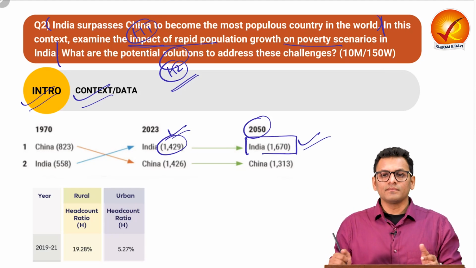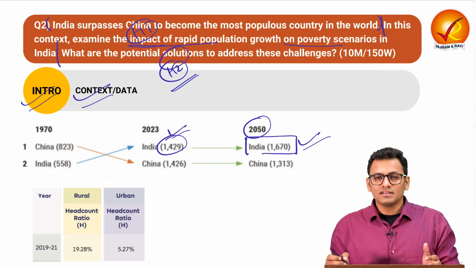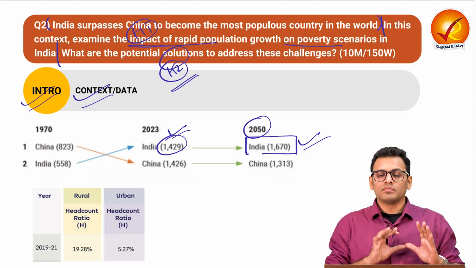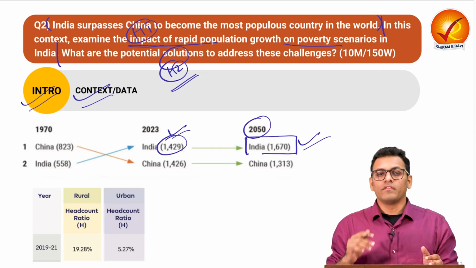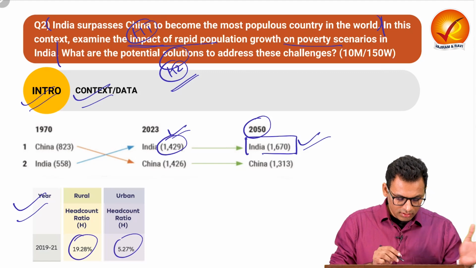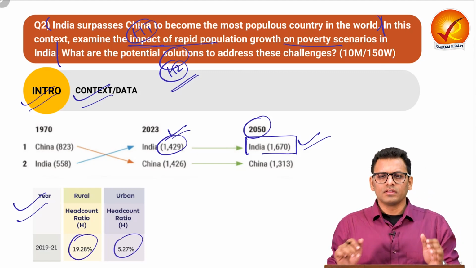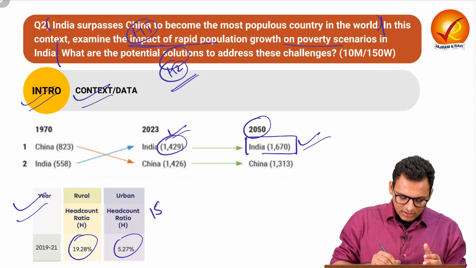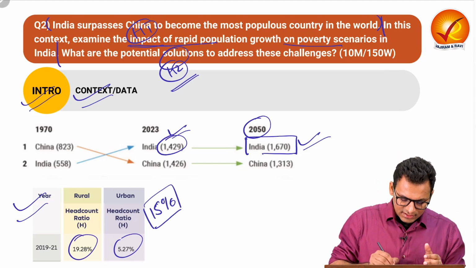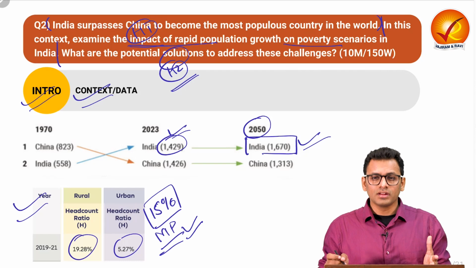Now, this is something kind of a hurdle for policymakers, as India is also a country with higher poverty count. We can see that kind of numbers over here. For rural, we have almost 20%, and for urban, it's 5%. Overall, in the last question, we saw that poverty count is almost 15%, and this is multi-dimensional poverty we are talking about. So, we already have a higher number of poverty count.